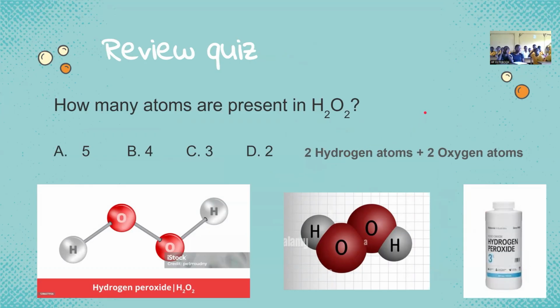So let's look at this question. Maybe you can answer this one by yourself. How many atoms are in H2O2? It's hydrogen peroxide. So how many atoms are in H2O2?